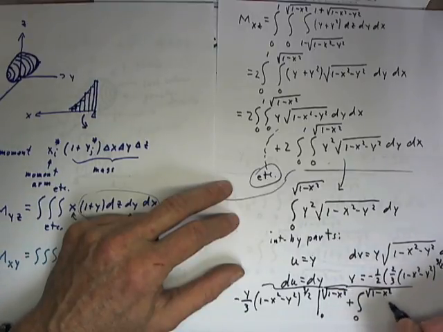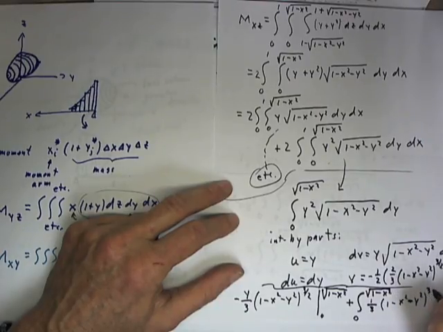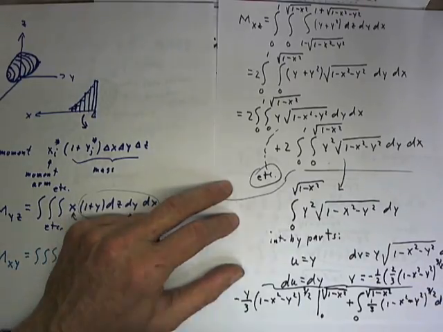So that's going to be 1/3, we've already taken account of the negative, times 1 minus x squared minus y squared raised to the 3/2 dy.